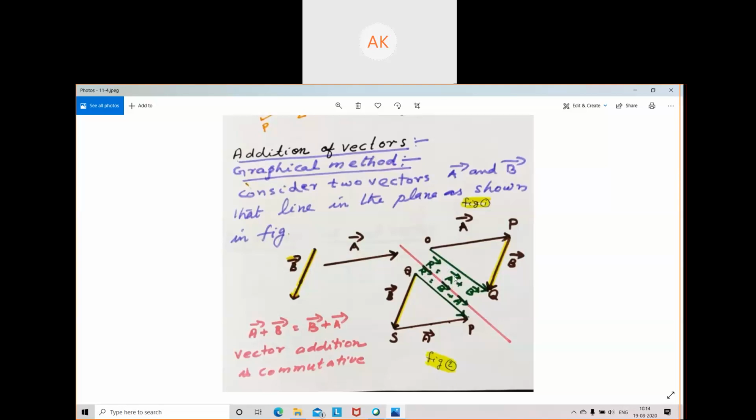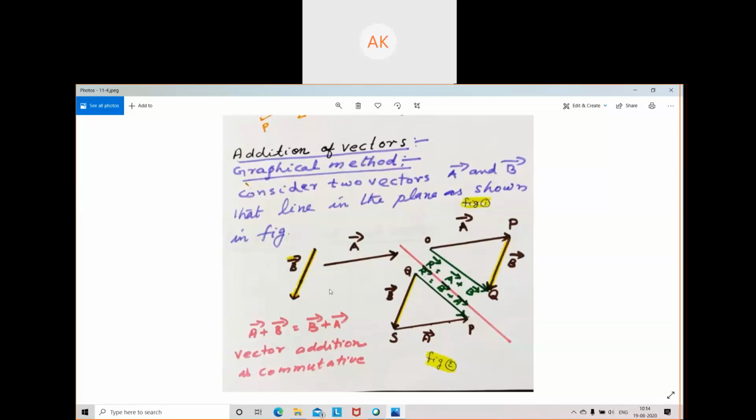So the next step is B plus A. How will you draw B plus A? Let us see. First you have to represent B. For finding A plus B, what did you have to draw first? You have to draw vector A. For finding B plus A, what do you have to draw first? First you have to draw B. So I have drawn vector B here, 4 centimeter length.